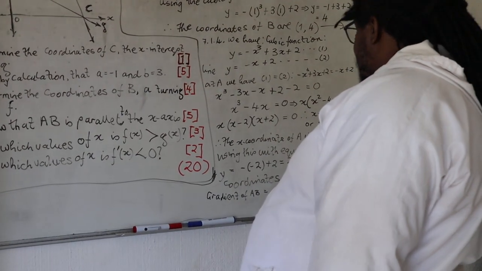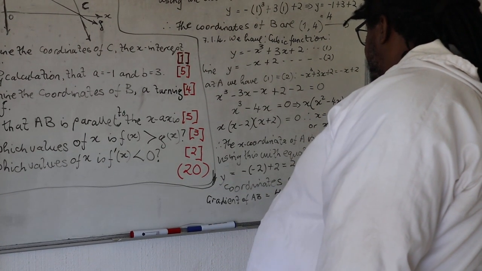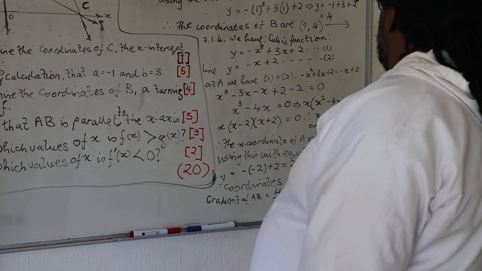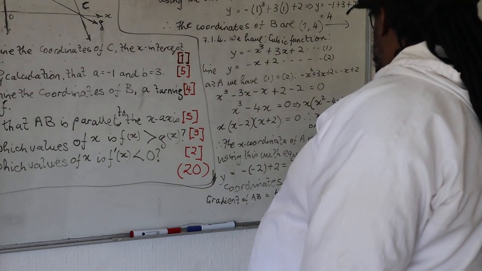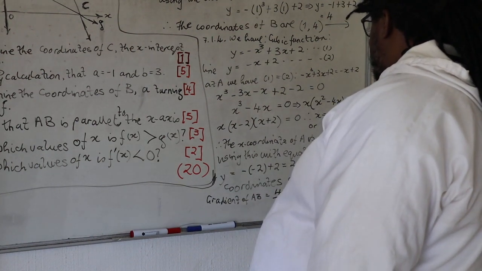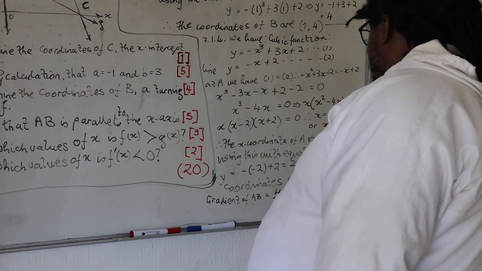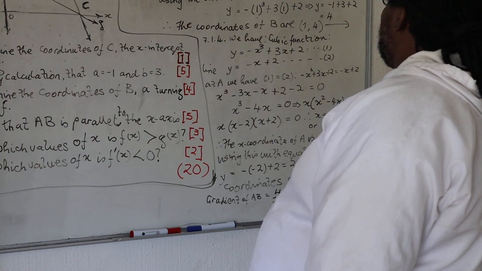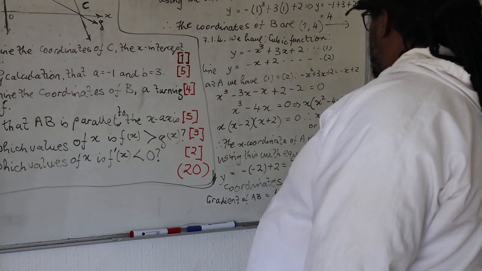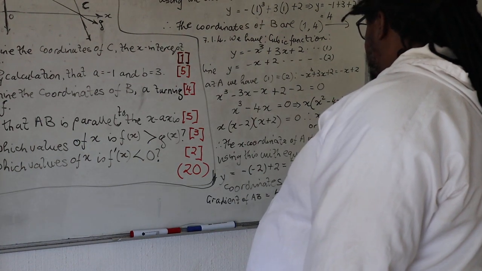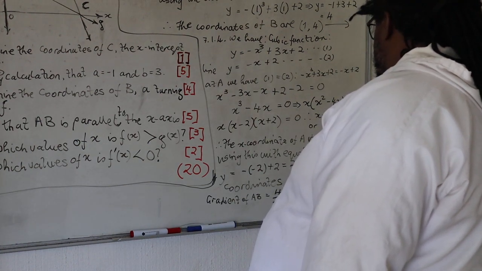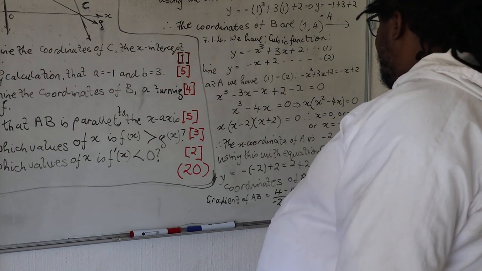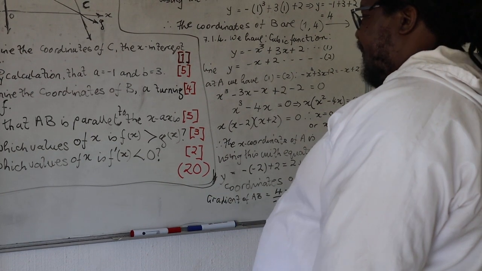If we start with the point A, we have 4 minus 4, over the x coordinate of point A, which is minus 2, minus 1 for B, which is equal to 0 over minus 3, and this is equal to 0. So in other words, the gradient of AB is 0.